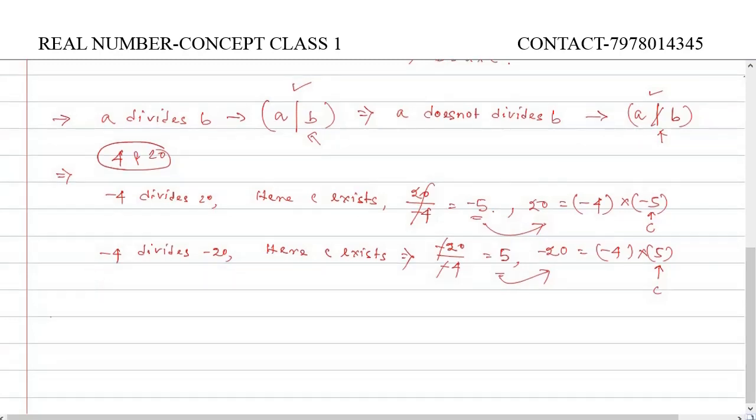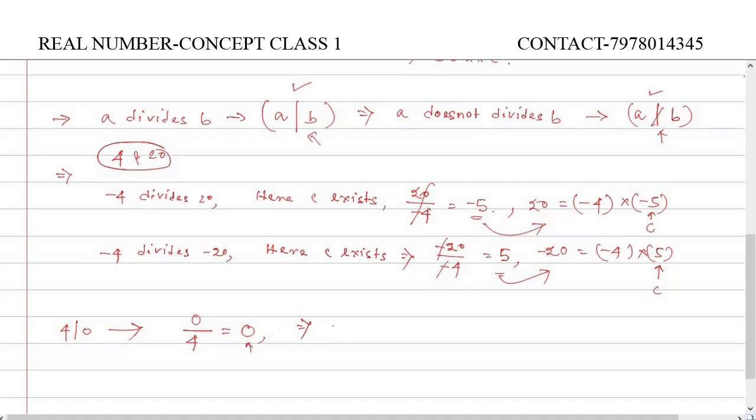Understood? Now the important part is, if you write 4 divides 0, is the statement true? We can write 0 by 4. You know that 0 by 4 is equal to 0. This implies c exists.